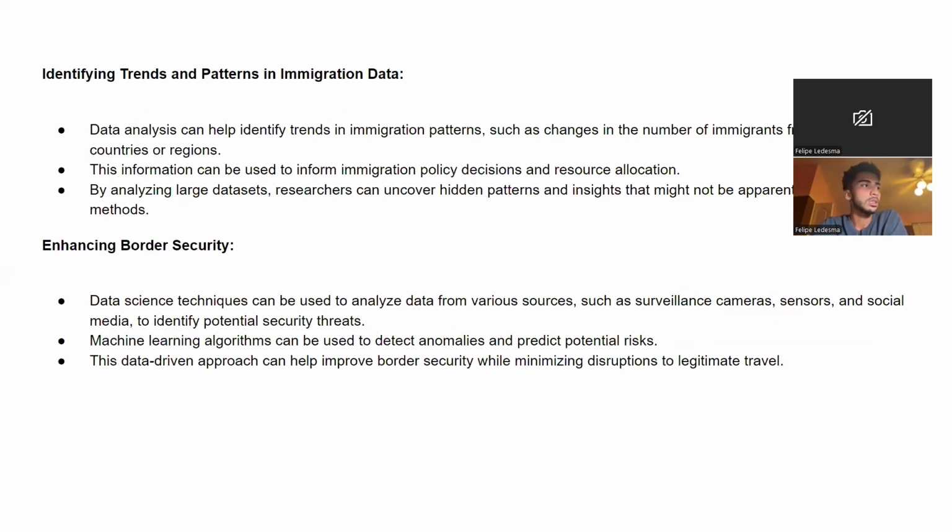Then it's very common that there are patterns and trends in immigration data, as the analysis that we need to have. For example, number of immigrants, countries of origin, regions, information. This information is used to allocate resources.